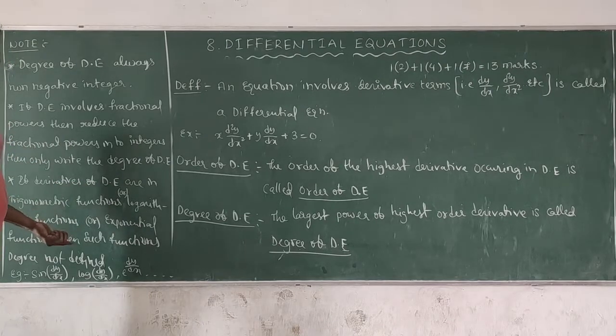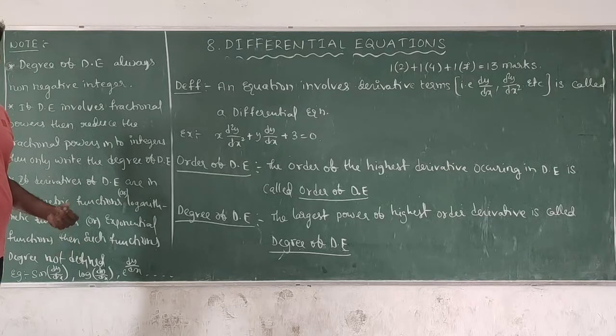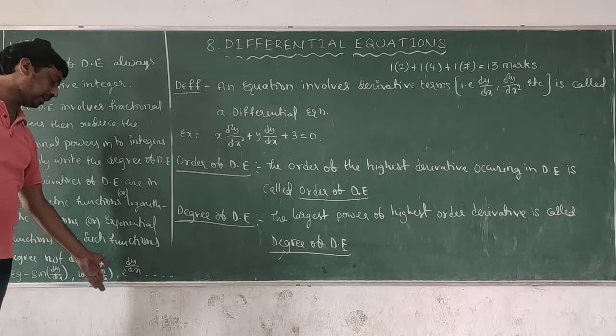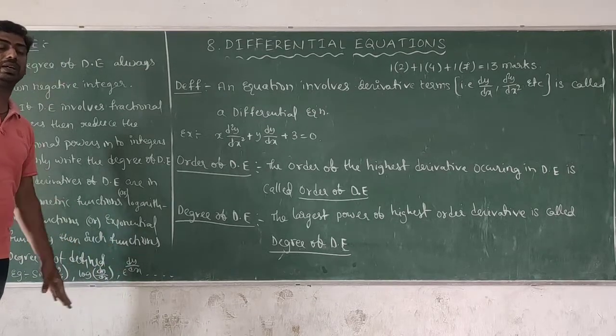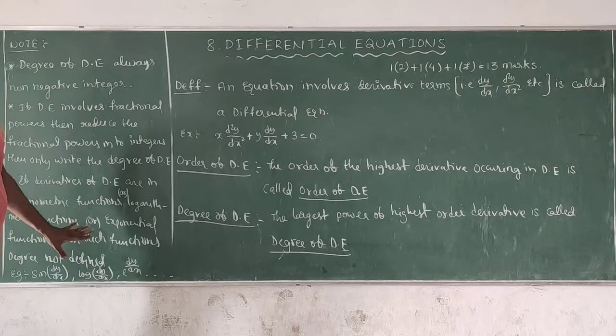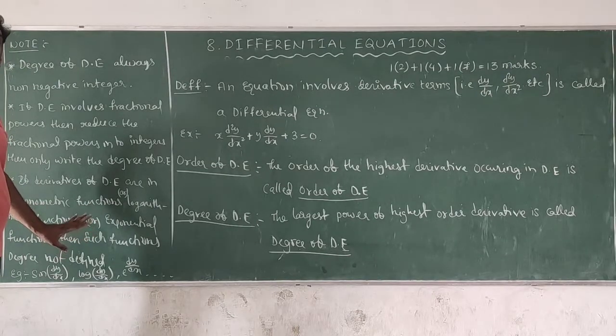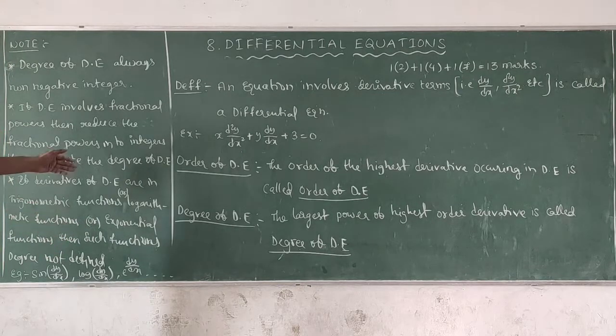If derivative terms are in exponential terms, logarithmic terms or trigonometric functions, like sin of dy by dx, log of d square y by dx square, e power dy by dx, in such cases the degree of the differential equation is not defined. Is it clear? Write down.